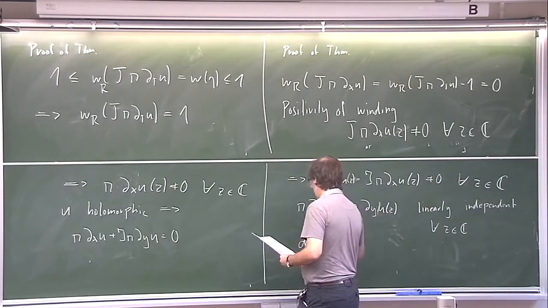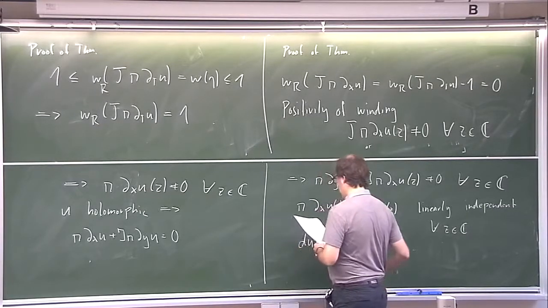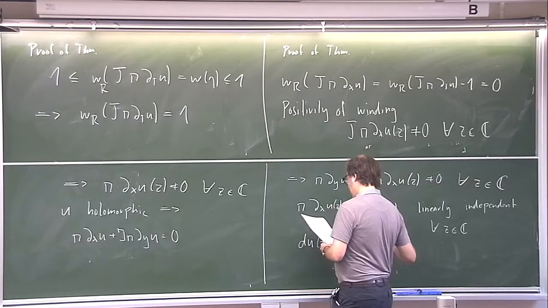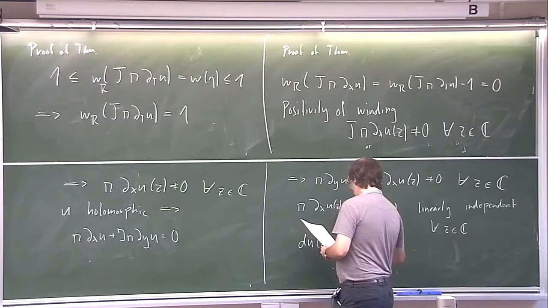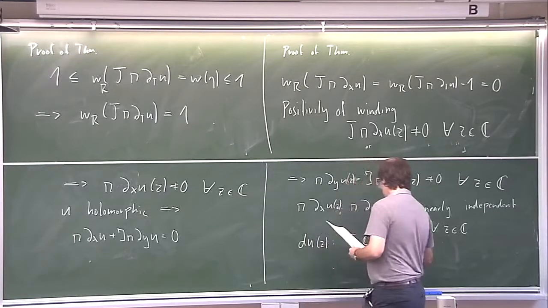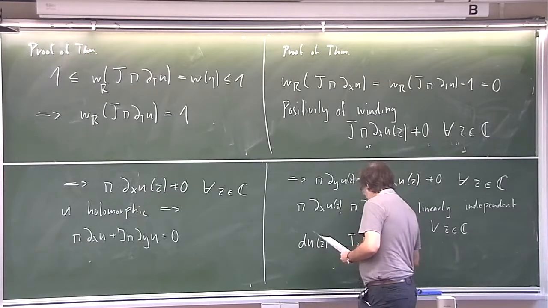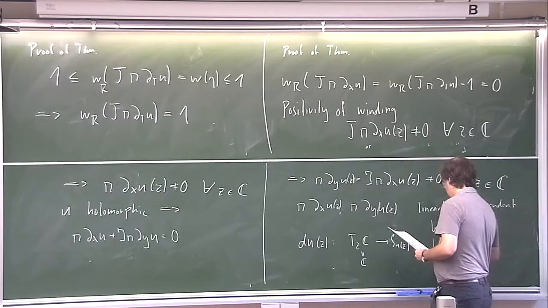So this du of z goes from T_z C to xi_u(z), which we can identify with C. This is also bijective.